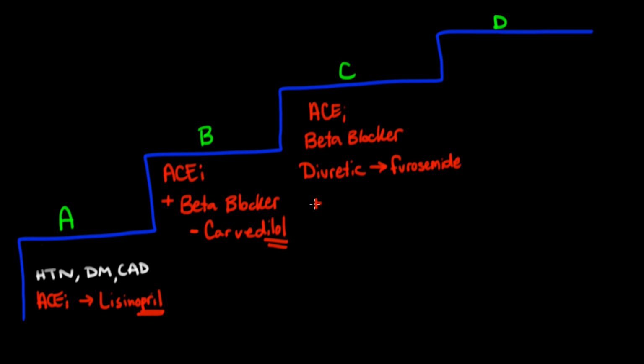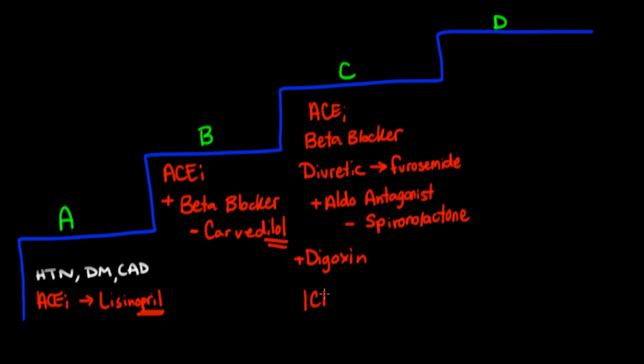We can also add aldosterone antagonists in this stage. Something such as spironolactone. We can add digoxin. And in select patients whose ventricles are not contracting at the same time, we can implant an ICD, which is a defibrillator, or a CRT, which is a resynchronization therapy device.